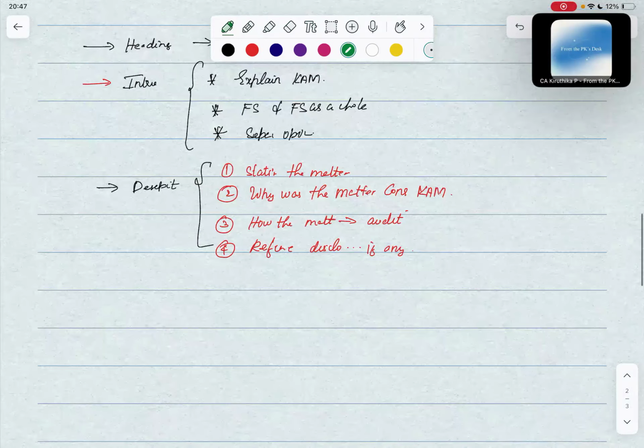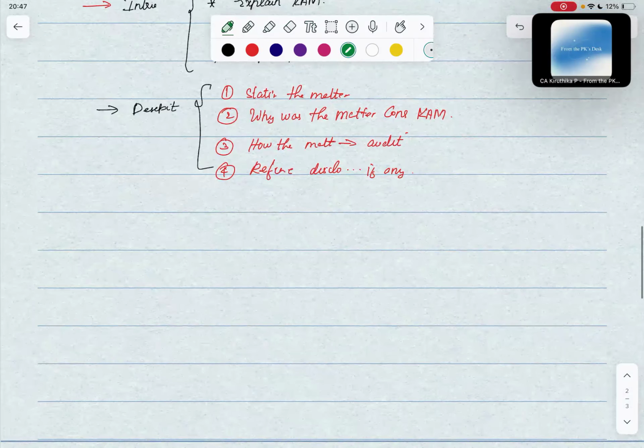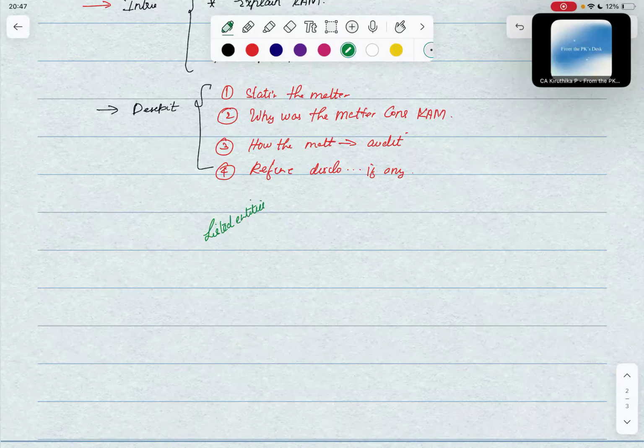Okay. Now, I'll just ask one question. Tell me, for which entities is the key audit matter mandatory? Listed entities, right? Now, in listed entities, let's say the auditor has identified that there is no key audit matter in his professional judgment.